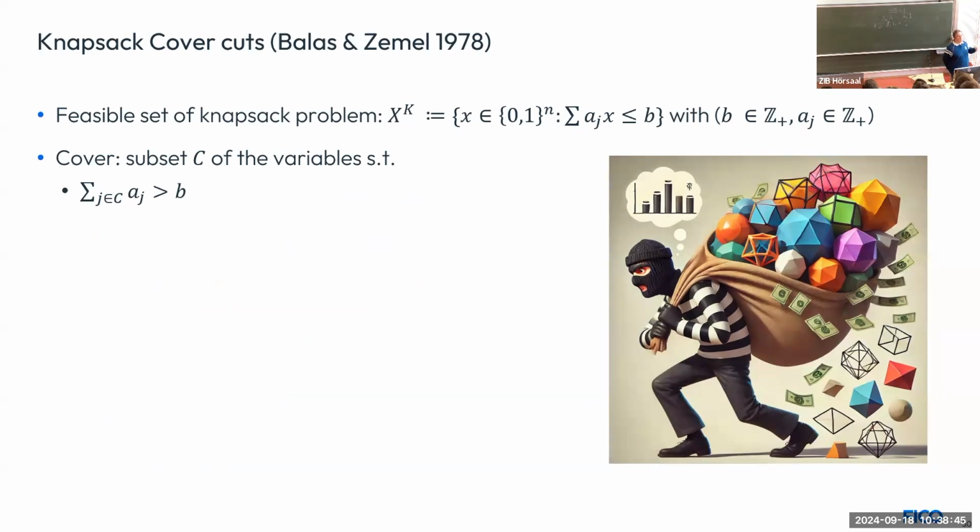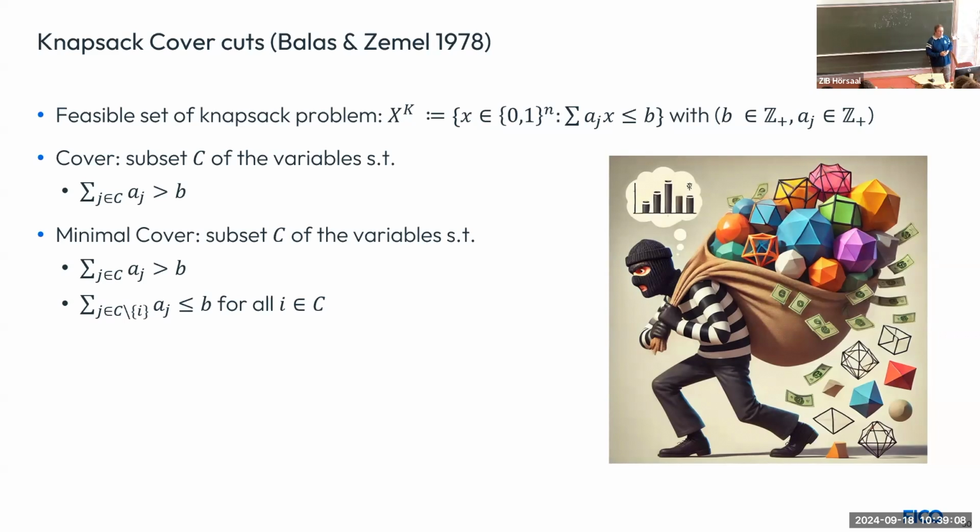Namely, we define what a cover of a knapsack constraint is. It's a subset of the variables such that the sum of their weights is greater than the right-hand side. So a set of variables from which you cannot put all of them into your knapsack. Not all of them can be one in a solution for this problem. And then we can define a minimal cover.